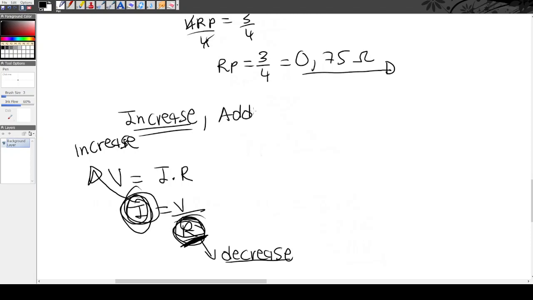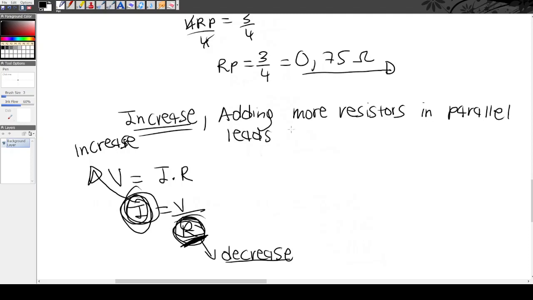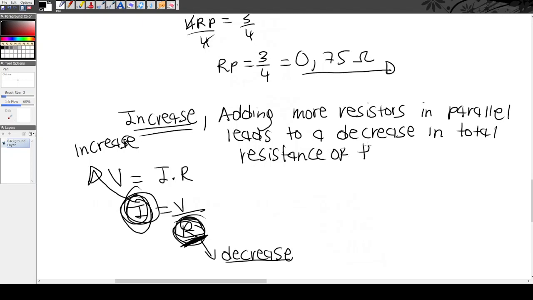Adding more resistors in parallel leads to a decrease in total resistance of the circuit.